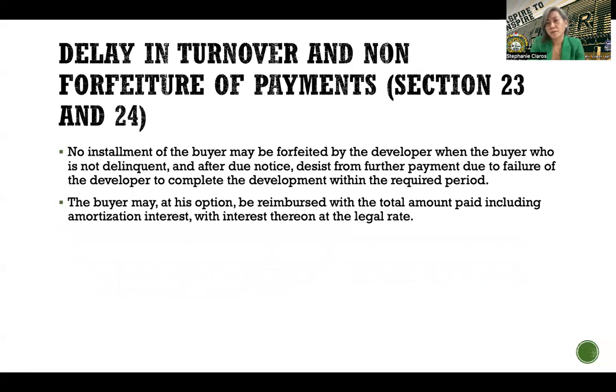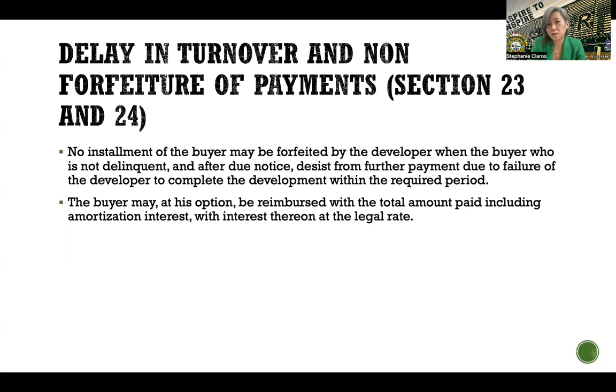So this presidential decree, guys, prohibits the forfeiture of installment payments made by the buyer when the buyer is not delinquent and the buyer only suspended payments because of the failure of the developer to complete the development within the required period.